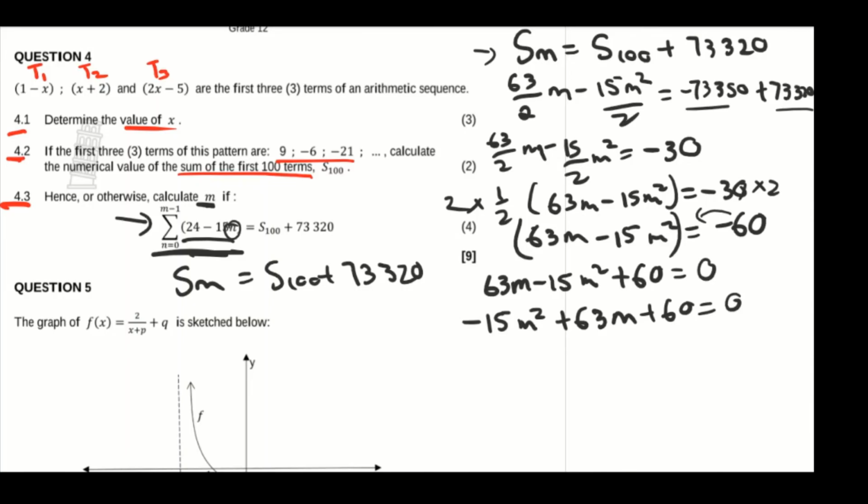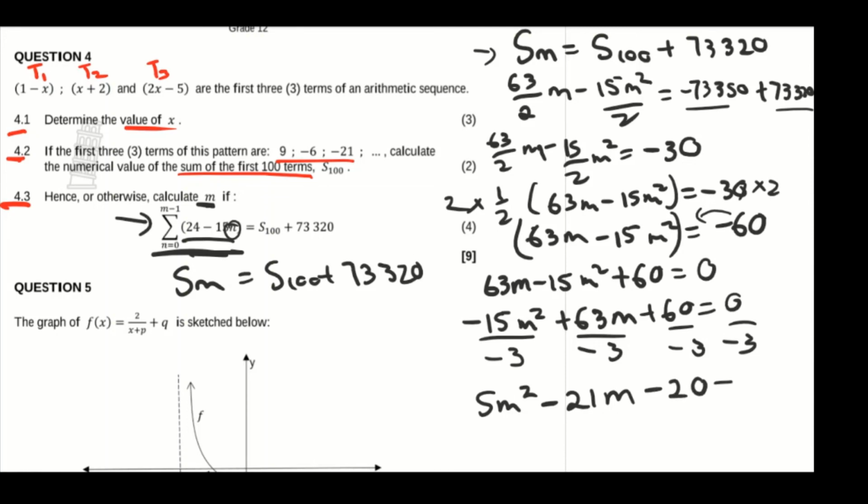So you can simplify further so that you'll be able to factorize. We can divide all sides by negative 3, and then I'm going to get 5m squared minus 21m minus 20. Please confirm that.